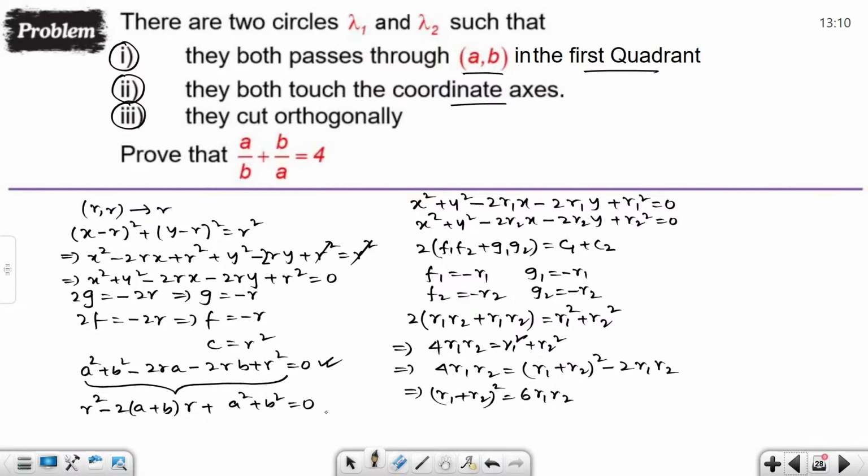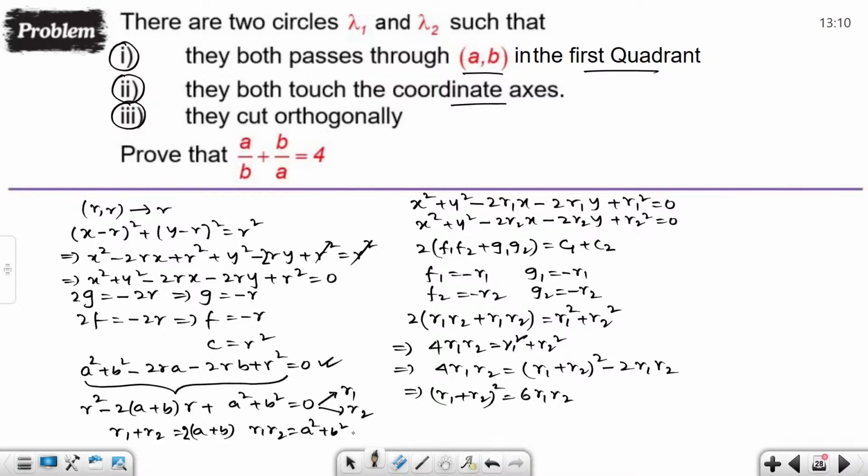This is a quadratic equation in R, so we have two roots, r1 and r2. From here we can write r1 plus r2 is basically 2 times (a plus b), that is your sum of the two roots, and the product of the two roots will be a square plus b square.